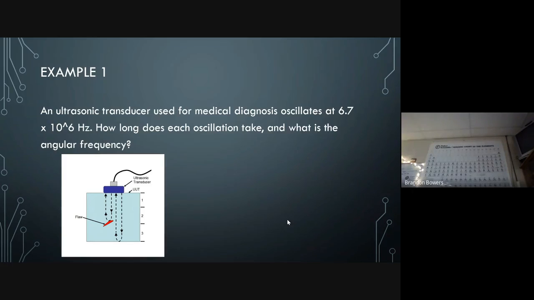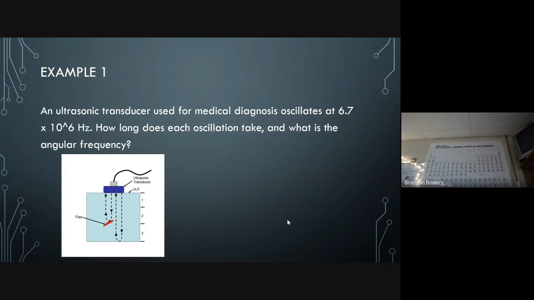Okay. So we're given my frequency. Got to plug it in. What's the unit for angular frequency? Angular frequency, that was radians per second. Radians per second. Yep. Great question. Radians per second.